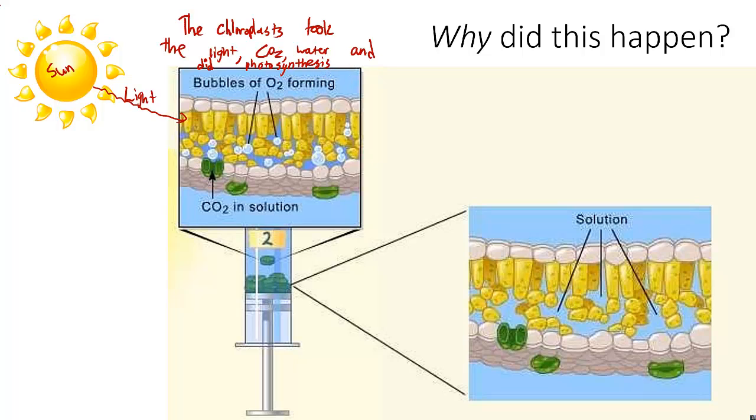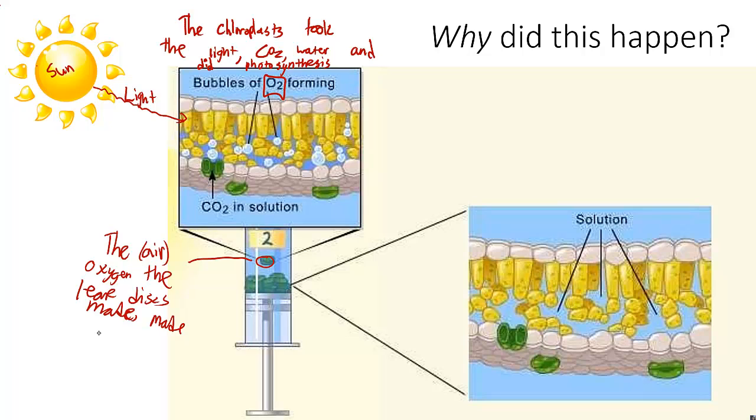And they made oxygen. And if you have all these little air bubbles in your leaf, you're going to make it float. So we made air, which is oxygen. The oxygen made the leaf discs float.